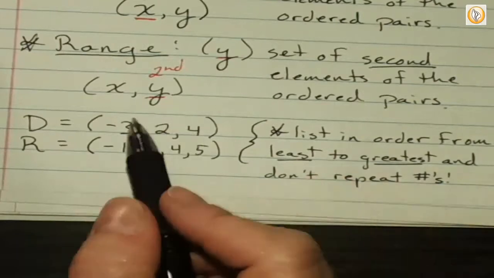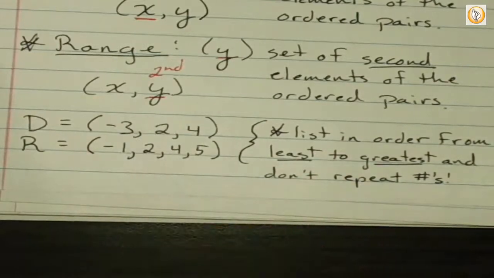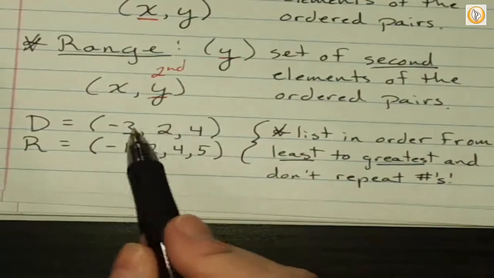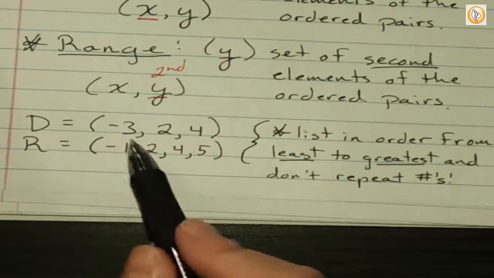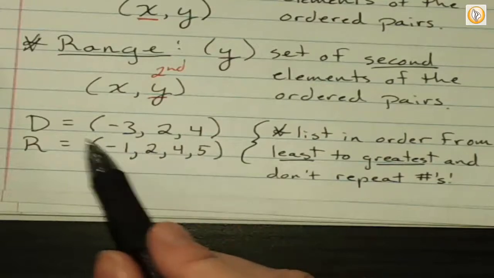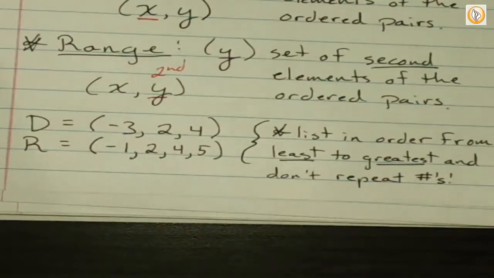Okay, does everyone know where I got the domain and range from? If you don't, say something. Okay, so this is your X, and I got it from that set of ordered pairs. These are your Y's, listed from least to greatest, and don't write repeats.